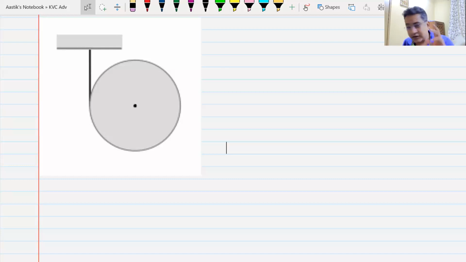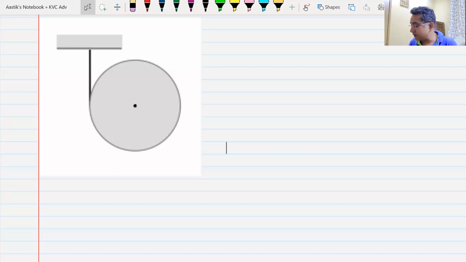Do you understand there is no slipping? Yes, sir. First of all, tell me what would be the direction of alpha? It will be accelerated. What will be the direction of alpha and what will be the direction of acceleration of the center of mass? Why will alpha be like that? Sir, alpha will be clockwise, sir.